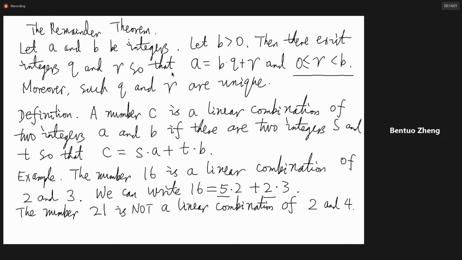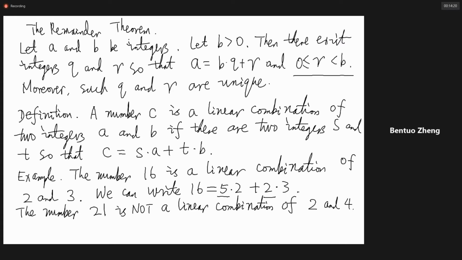Okay, good, very good. Exactly, because a linear combination of 2 and 4 is an even number, since both 2 and 4 are even numbers. So 21 is an odd number, and an odd number cannot be equal to an even number. Very good.